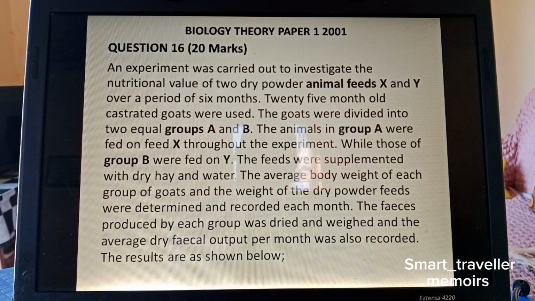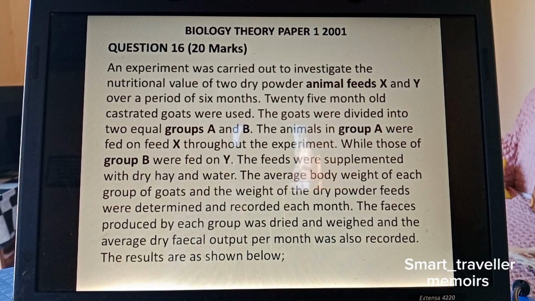The goats were divided into two groups, A and B. The animals in Group A were fed on feed X throughout the experiment, while those of Group B were fed on Y. The feeds were supplemented with dry hay and water.